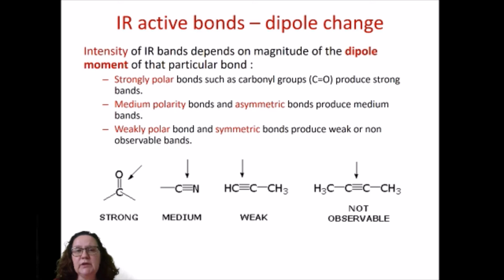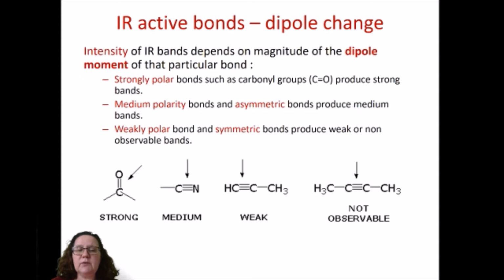What will determine if a particular bond, a particular set of atoms, will give a strong, a medium, or a weak band? Well, it depends on the magnitude of the dipole moment for that particular bond. So, for example, when you have a strongly polar bond, for example, a carbonyl group, the carbon double bond oxygen group, you tend to have a strong band.